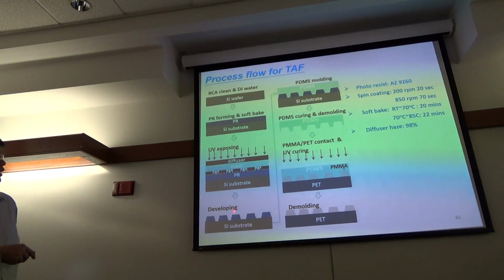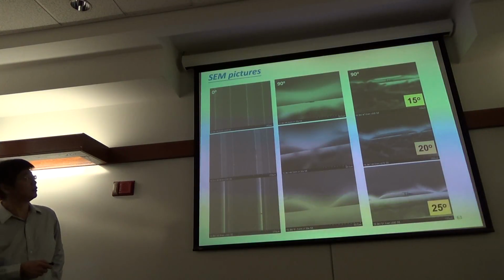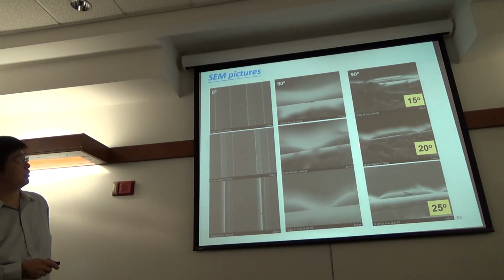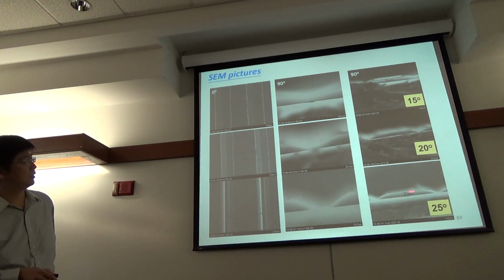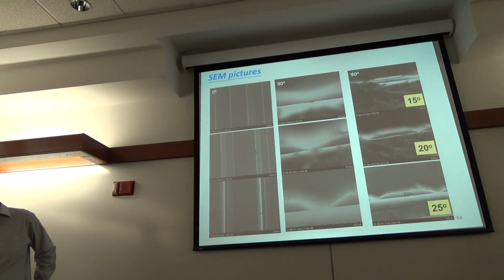So we have this kind of mold, then we transfer to the PDMS, then after the PDMS, we transfer to the PFPE. So that is on the PET substrate, so that will be the flexible trapezoid. So we have the SEM picture, something like that. And we can tune the angle from 15, 25, like that.